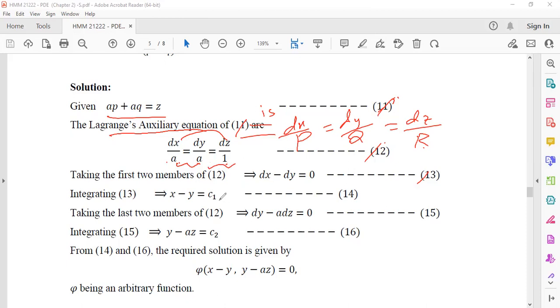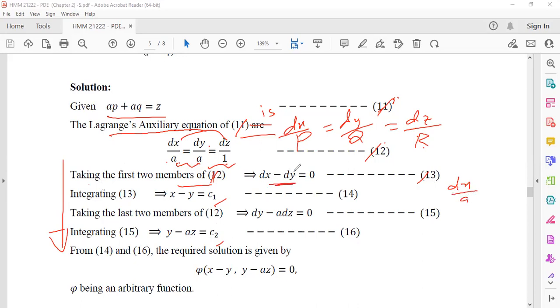You can take whichever to solve. Our aim is to get two arbitrary constants. Taking the first two, see how nicely they have written. This is how your answer should be in the examination, and you should also practice in this way. Taking the first two members, dx over a equals dy over a.